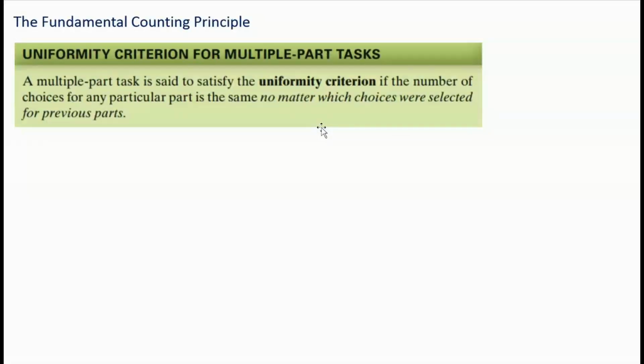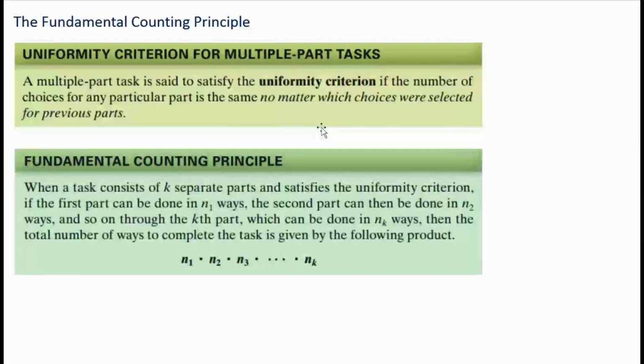So it's different. But as long as you know it's uniform, then you can use this lovely rule right here, which is the fundamental counting principle. Notice it says when a task consists of k separate parts, just like when we built a 3-digit number, we had 3 different tasks: the first digit, the second digit, the third digit. So that's what it means by k separate parts. And it satisfies the uniformity criterion, which we just talked about.